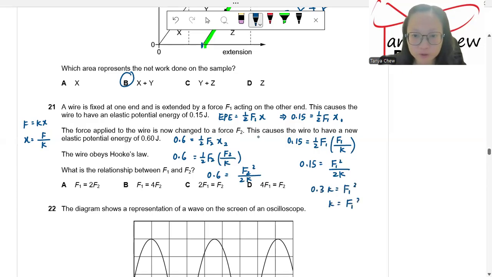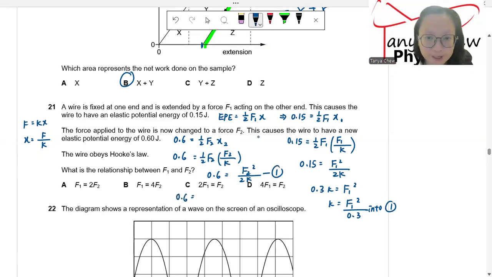K is equal to F1 square over 0.3, equation 1. Now I have 0.6 is equal to F2 square over 2 first, times 1 over K, that is 0.3 over F1 square, because 1 over K, so I would just invert this.